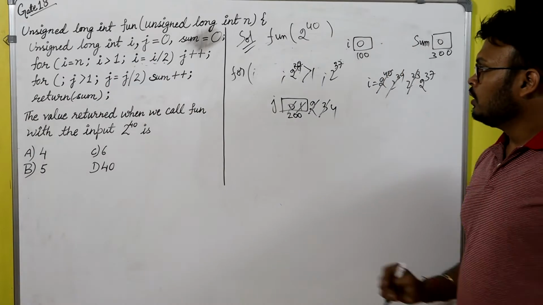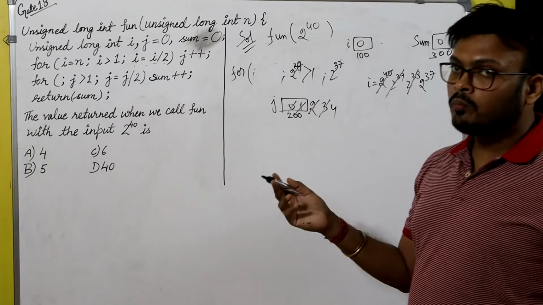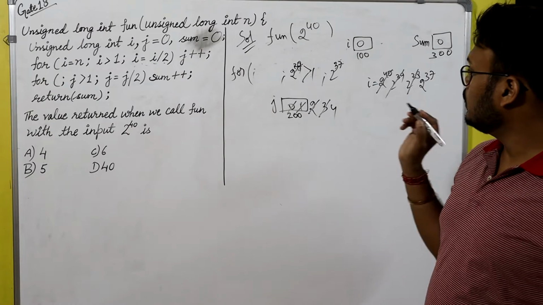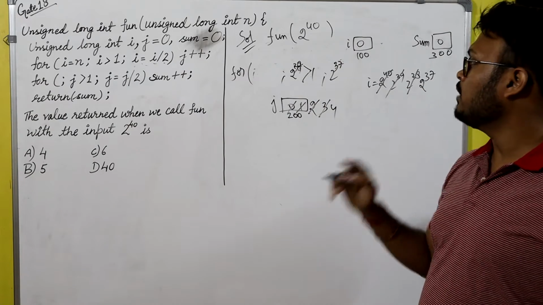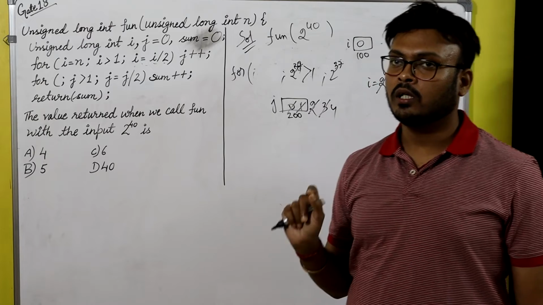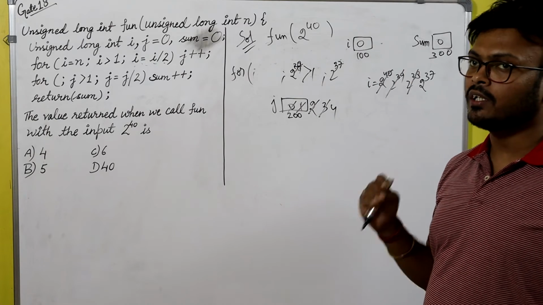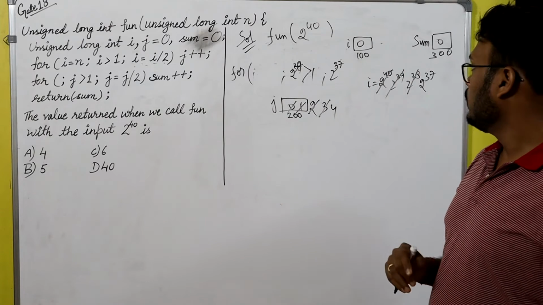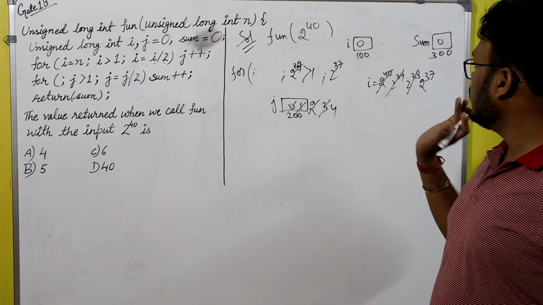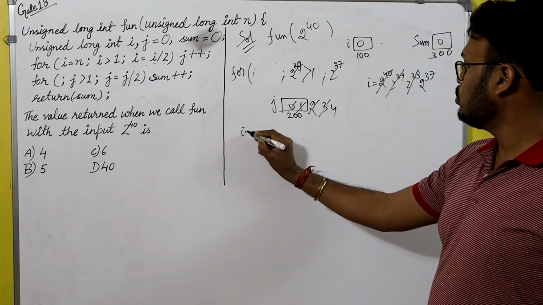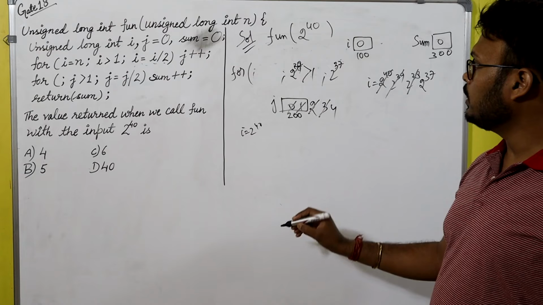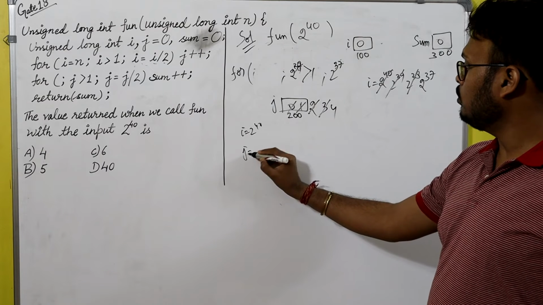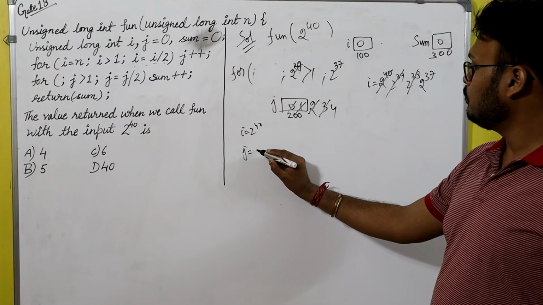It is not possible to check for each and every value of i, because i is a very big number. So here you have to use some generalized concept. Just think like this. When i was 2 to the power 40, the j value became 1.